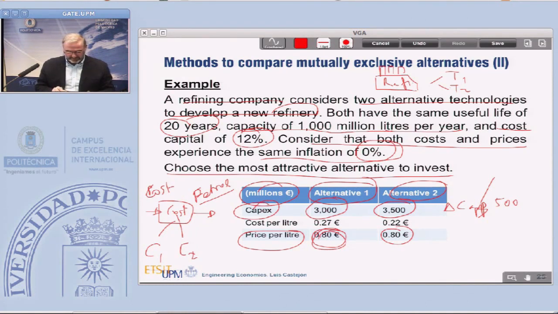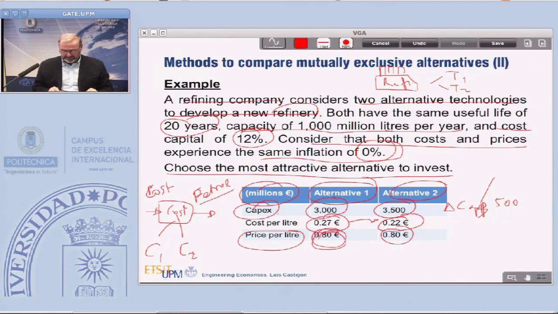What is the cost per liter? In the first case, with the lowest capex, the cost is 27 euros. This cost is higher than technology 2, which is 5 euros cheaper. So the cost per liter of alternative 2 is 22 euros.